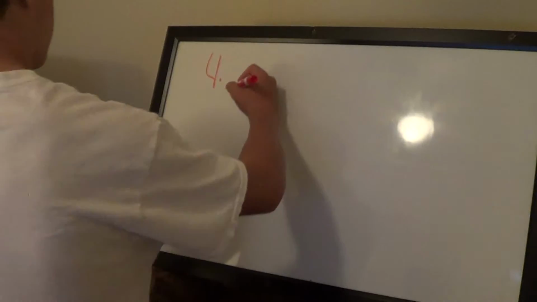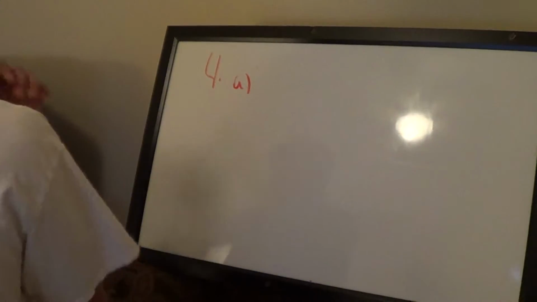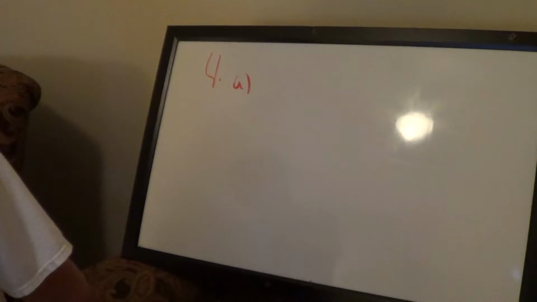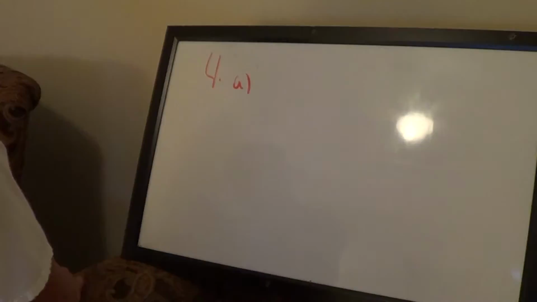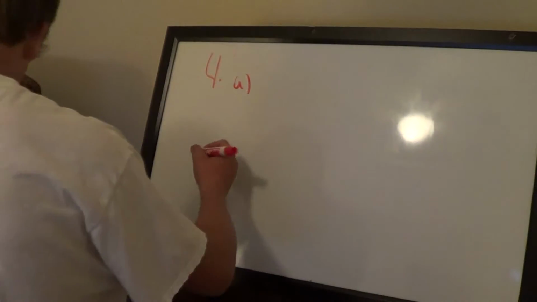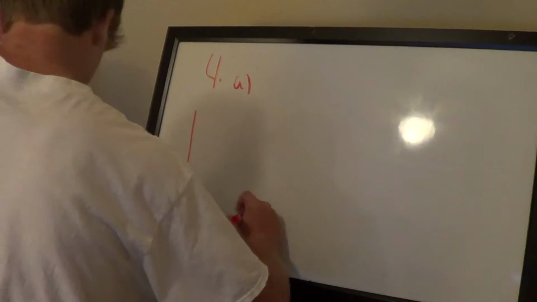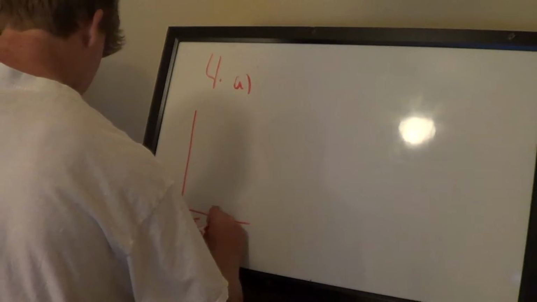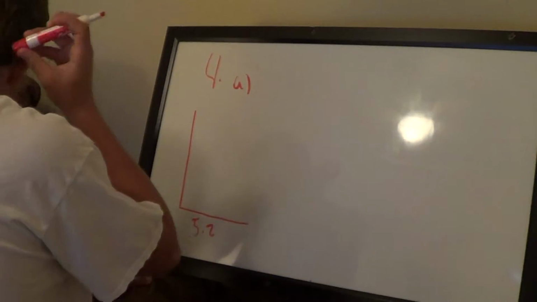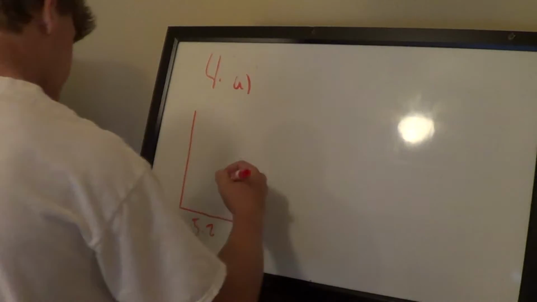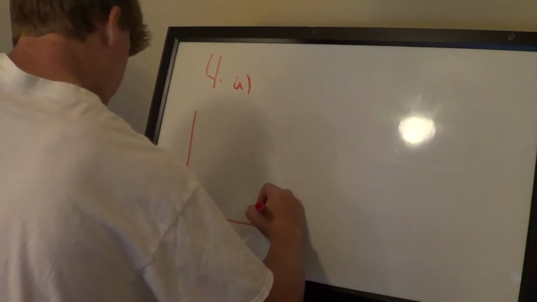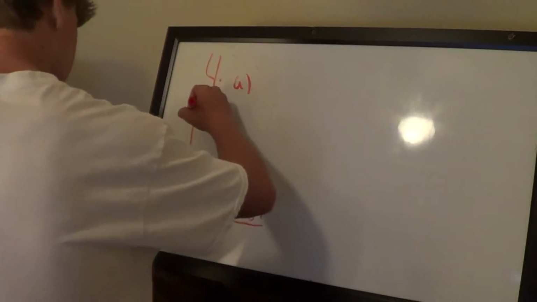So this one also has two parts. Question A asks, how high is the missile? So first of all, we have to set up the triangle. This right here would be 5.2, the kilometers away. And then the angle of elevation would be down here at 34 degrees.